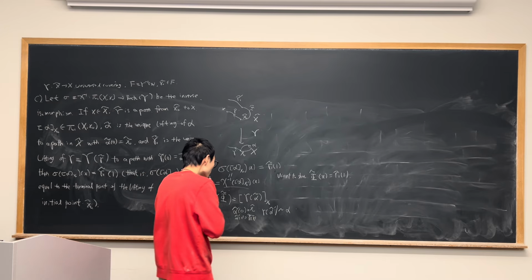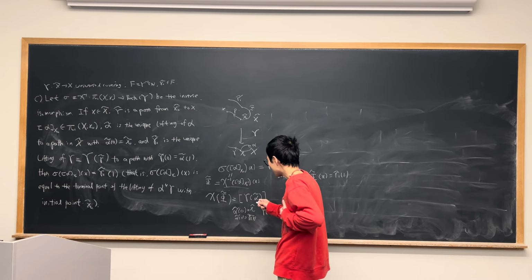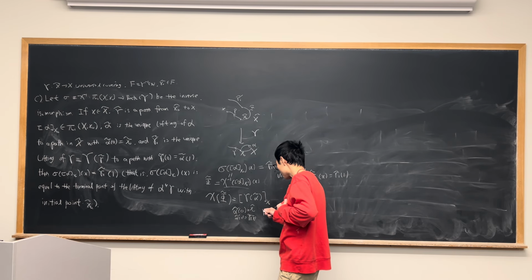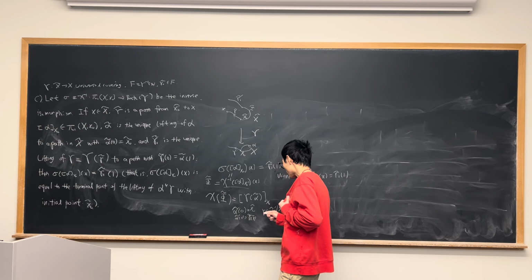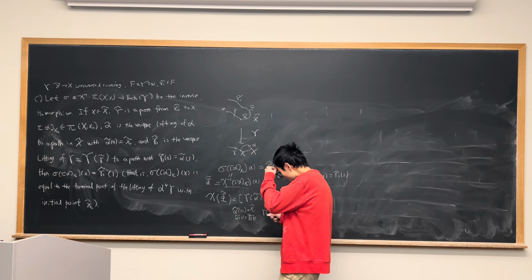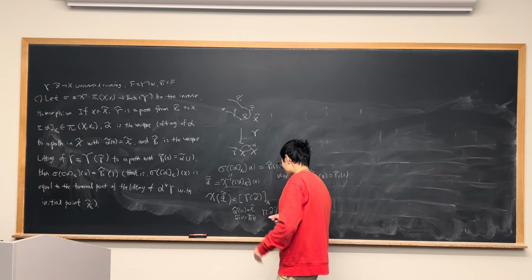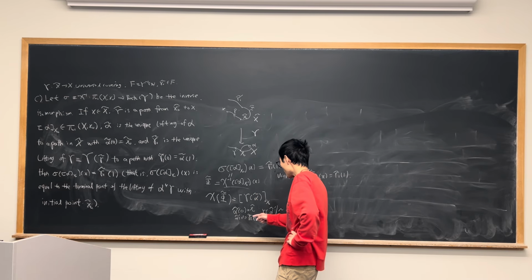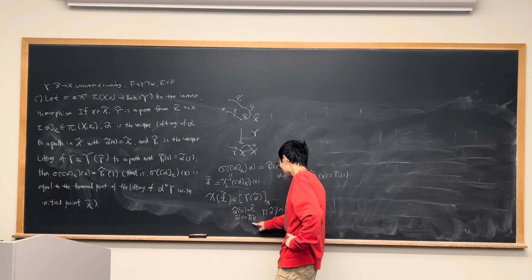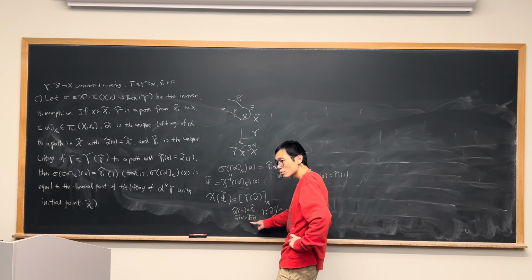Okay, so the only thing we know is that, what I want to show is that I want to see whether this point, I want to say what is this point.